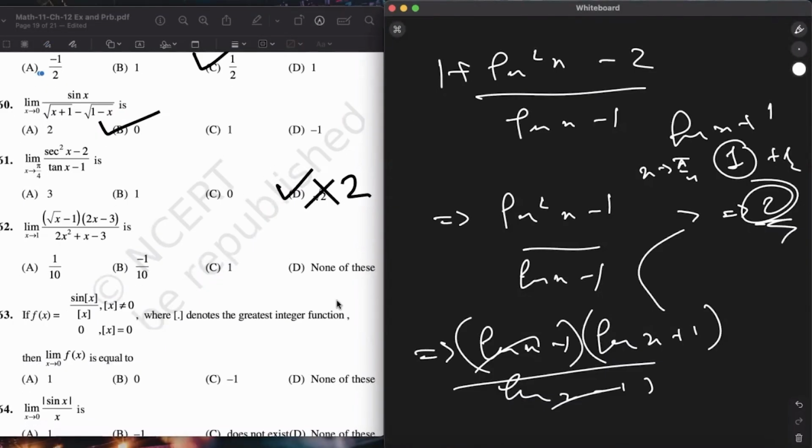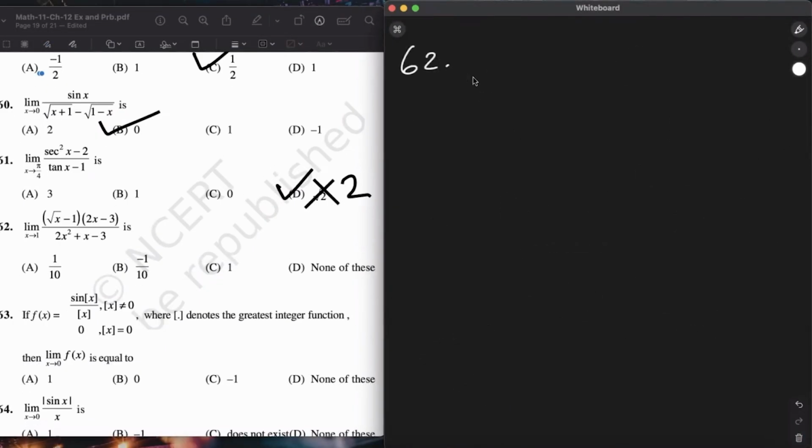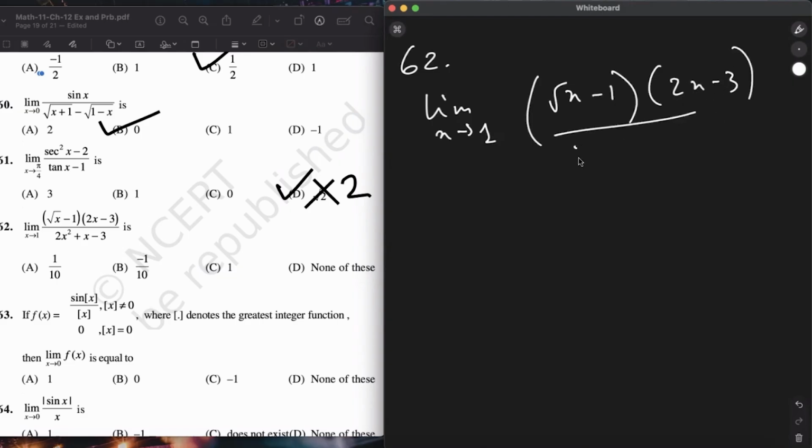So let's move on. Now question number 62. In question number 62, I have been given limit x tends to 1 of under root of (x minus 1)(2x minus 3), over 2x squared plus x minus 3.